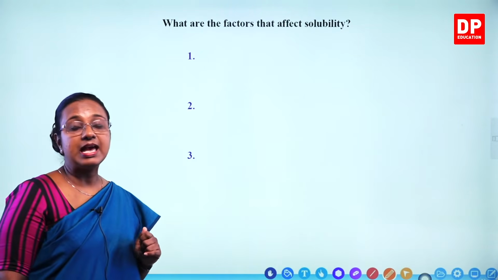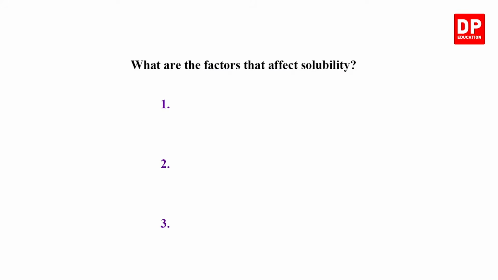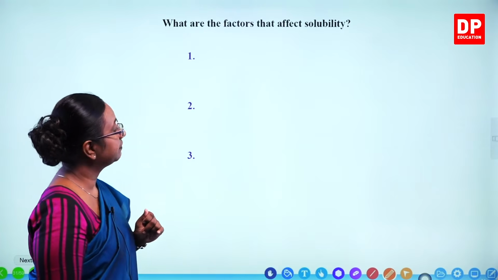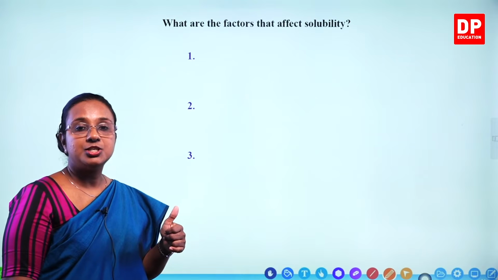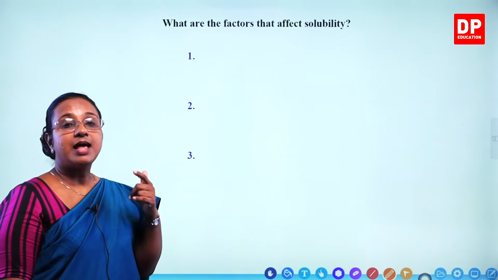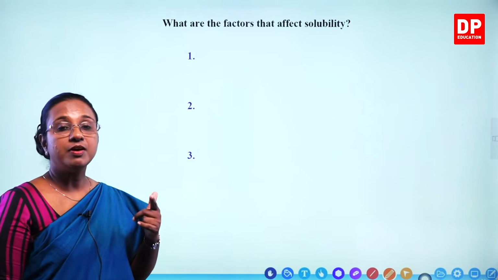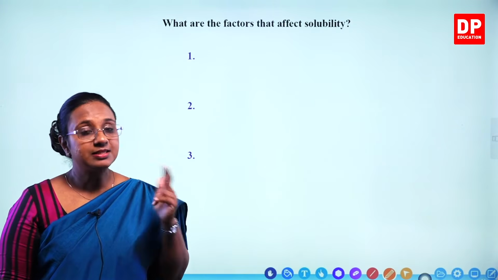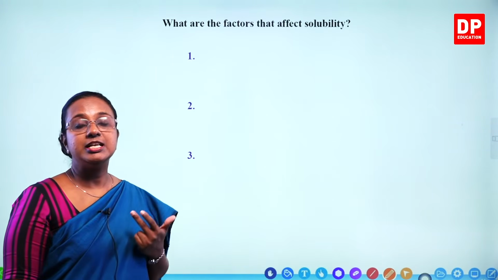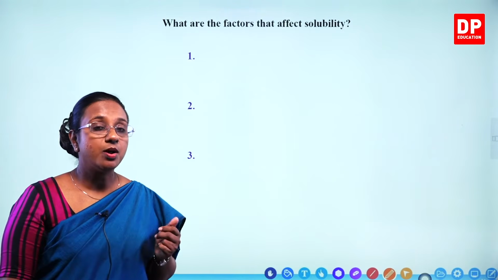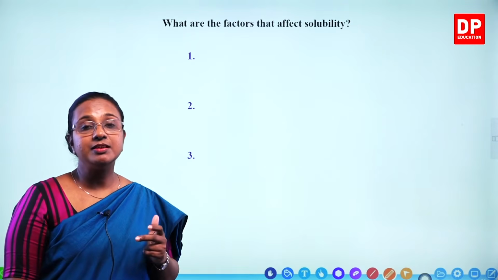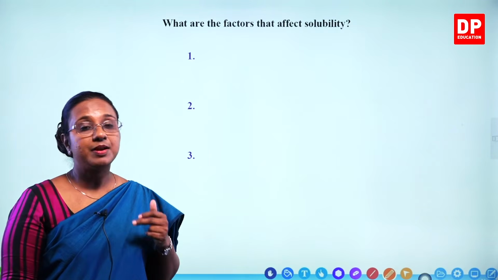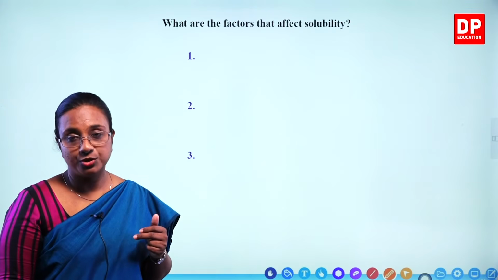To understand that classification, first we will answer this question. What are the factors that affect solubility? One factor is the nature of solvent. The other factor is the nature of solute. And there is a third factor which we have already discussed before. Why do we always say at a fixed temperature or at 25 degrees Celsius? Because the temperature also affects solubility.